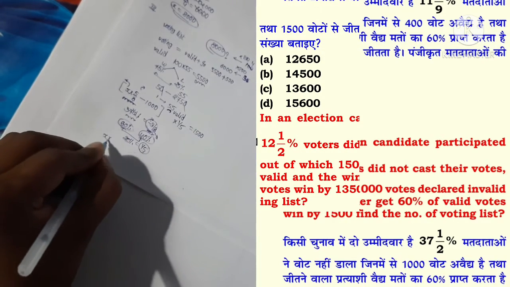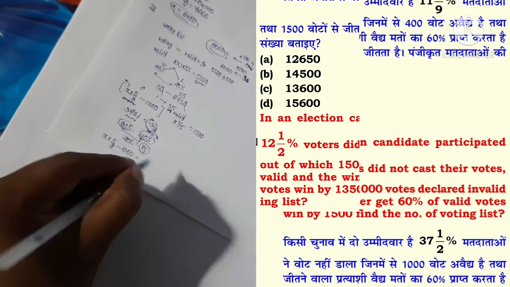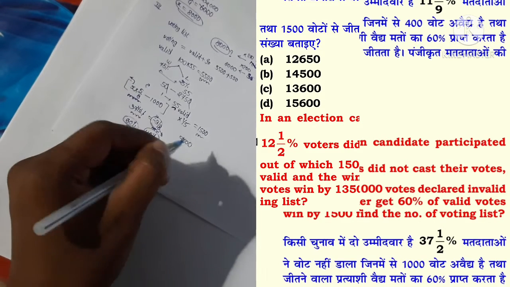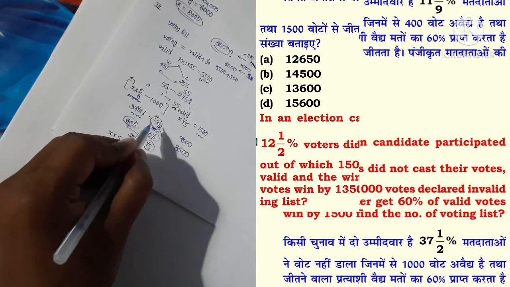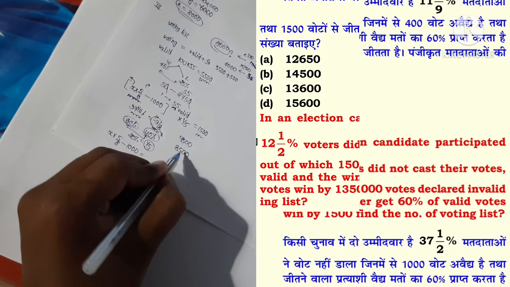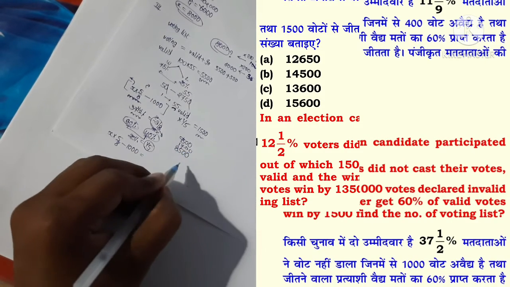Calculate: x into 5 by 8 minus 1000 is 7500, so x into 5 by 8 is 7500 plus 1000, 8500.